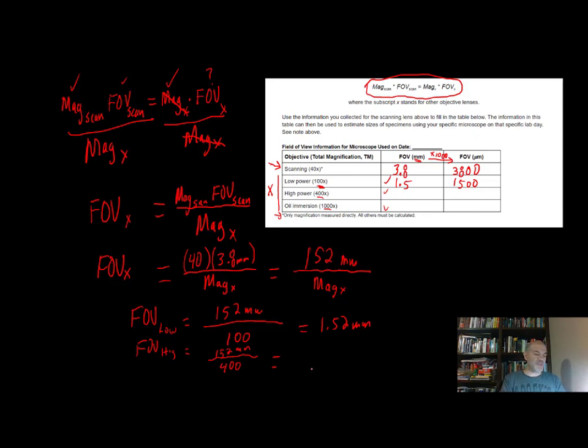And when I do that and I punch it in the calculator, I'm going to end up getting 0.38 millimeters. And so I'm going to put 0.38, and then that gives me 380 micrometers. And then we do the same thing for the field of view for oil.